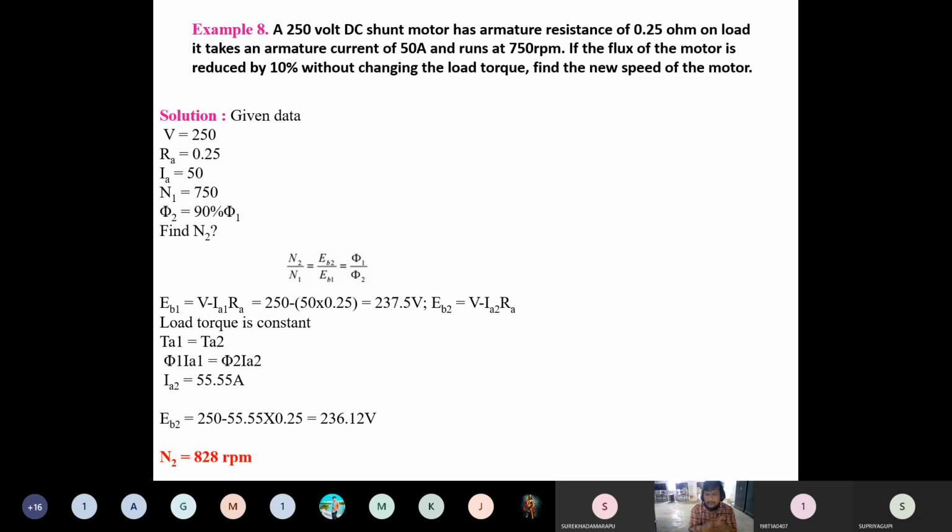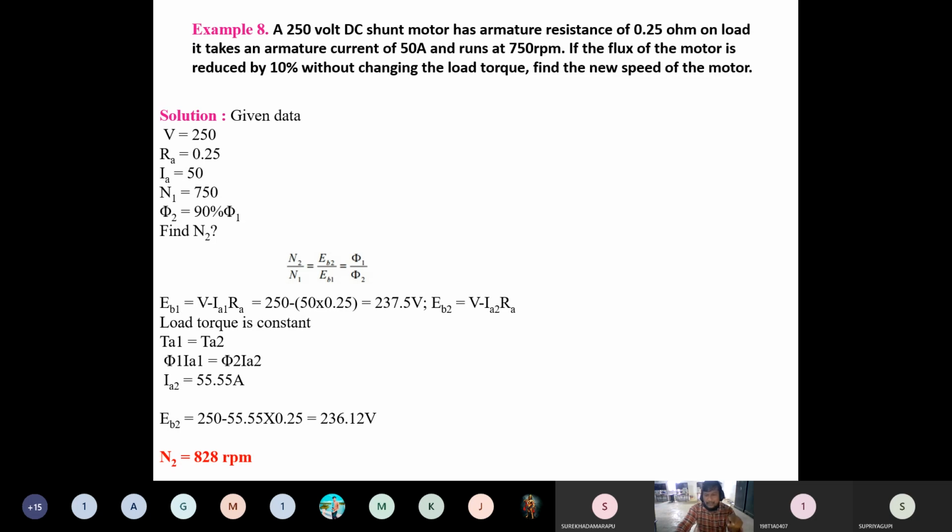That's why torque is proportional to phi Ia. Torque is constant before and after the condition, that is Ta1 is equal to Ta2. That means phi 1 Ia1 is equal to phi 2 Ia2. Therefore Ia2 is equal to phi 1 by phi 2 into Ia1.